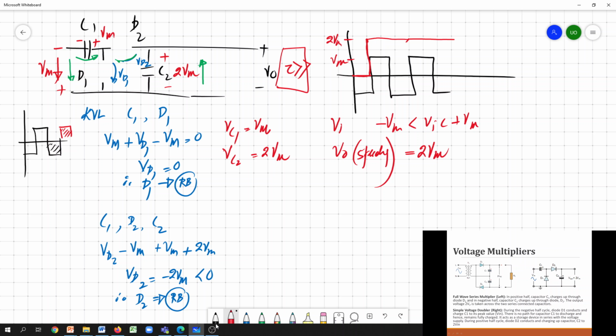So your input is Vm, your output is 2 times Vm. It means your output equals 2 times V in. So that's why we call this a voltage multiplier.